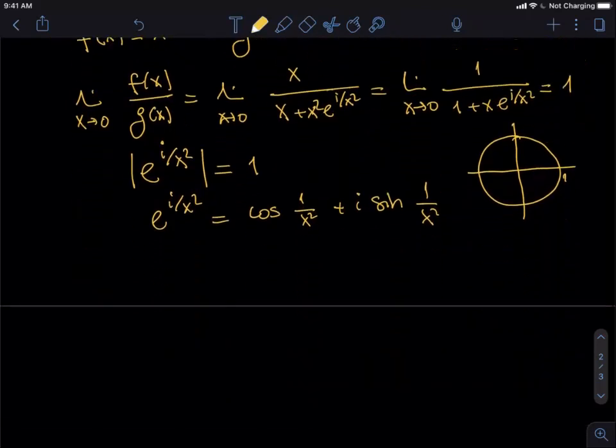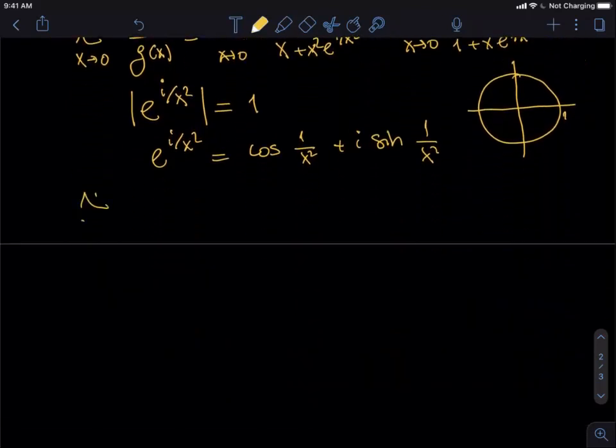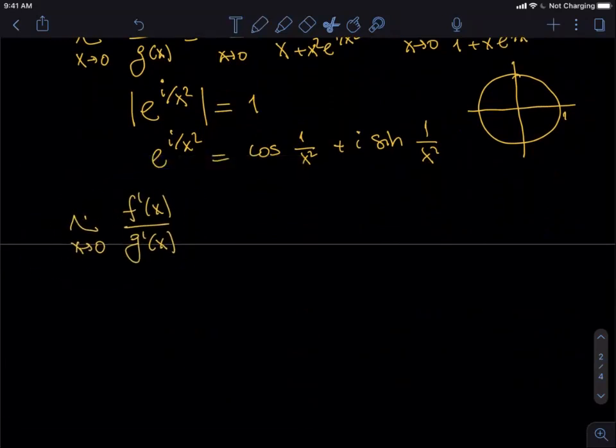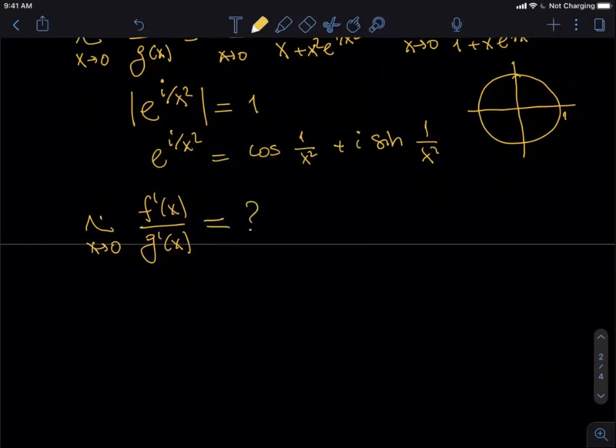Now we need to compute the limit as x tends to 0 of the quotient of the derivatives. So let's get to it.